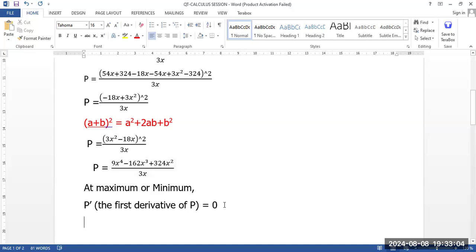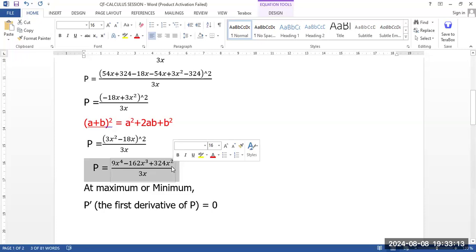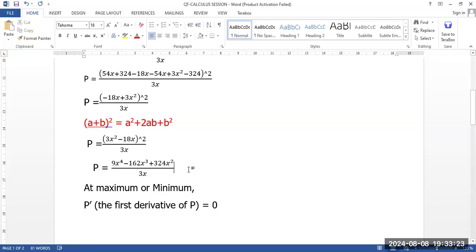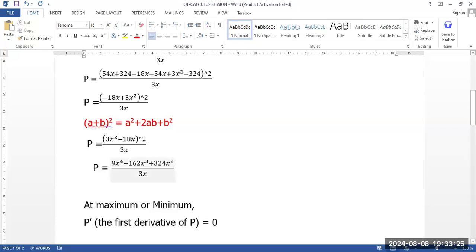Differentiate for the first time, and you will equate it to 0. So we need to differentiate our P. And once we differentiate, what we get, we equate it to 0.